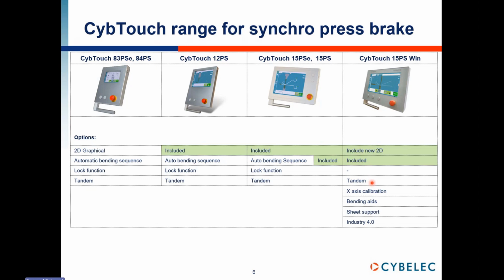Okay, so you have the option to manage machines in tandem mode. And for CybTouch 15 PS, you have different options. You can add bending head and sheet support, and a plugin to have Industry 4.0 communications.